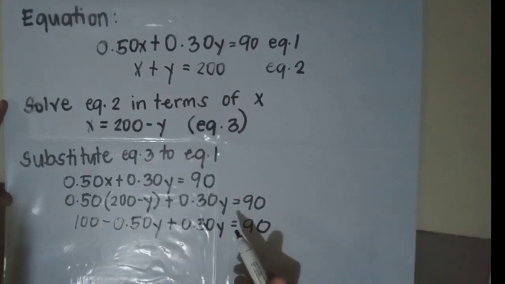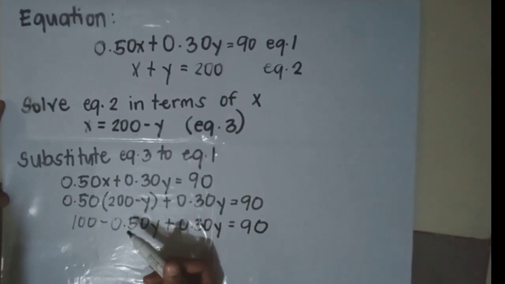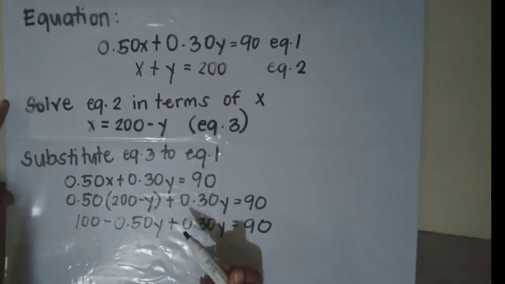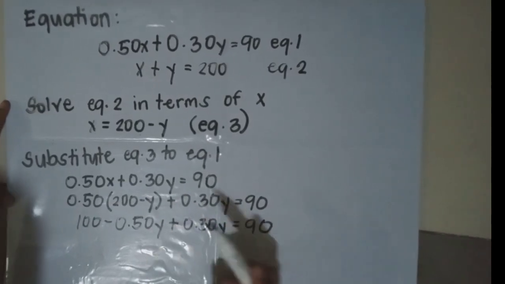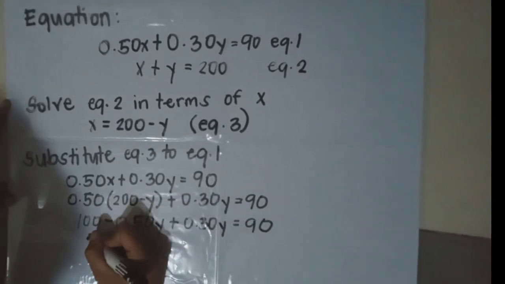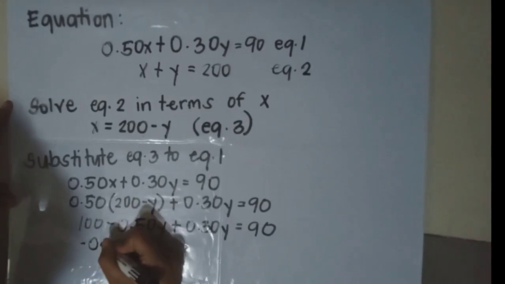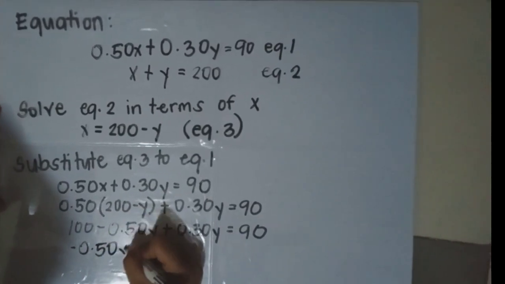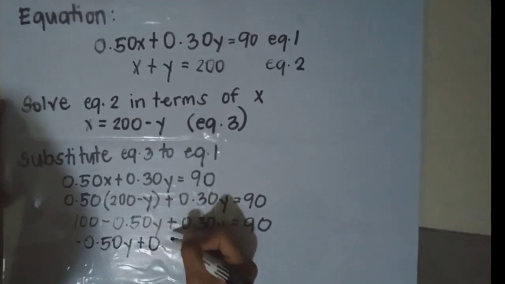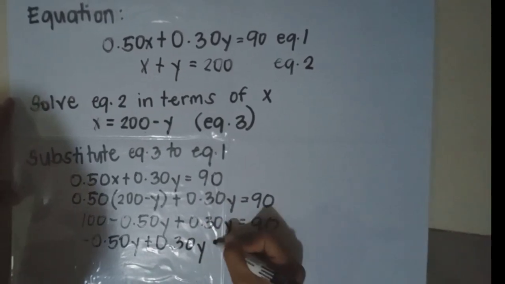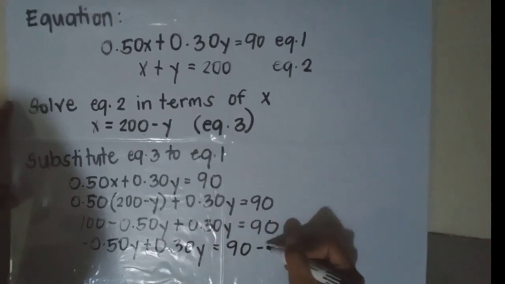And now, we are going to arrange the terms by putting all the terms with variable y on the left side of the equation and all the constants on the right side of the equation, then combine. Negative 0.50y plus 0.30y equals 90 minus 100.